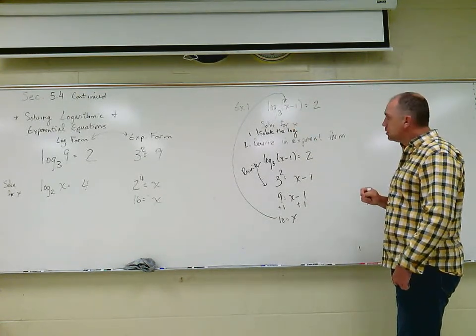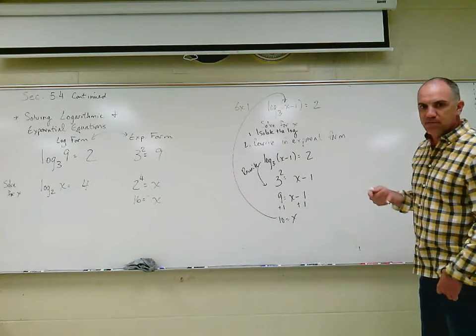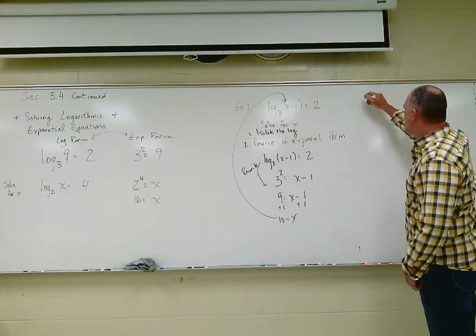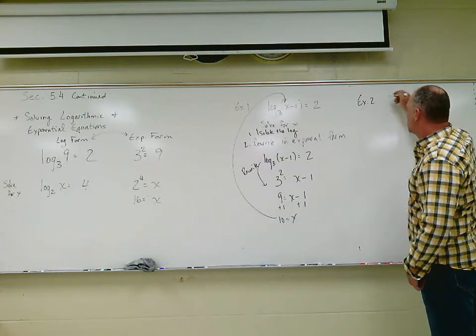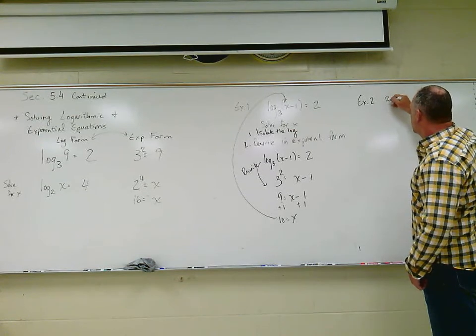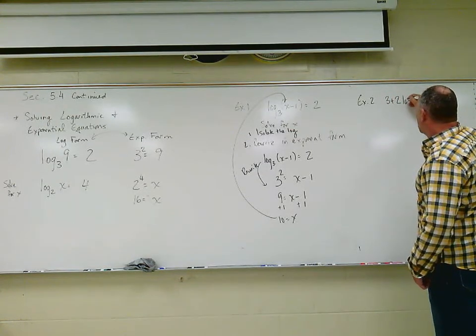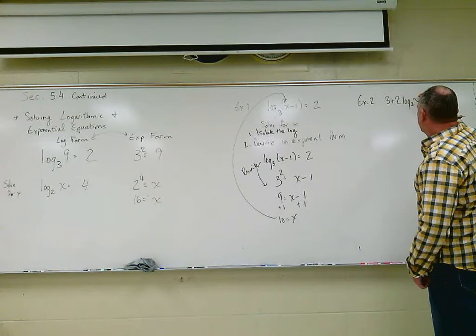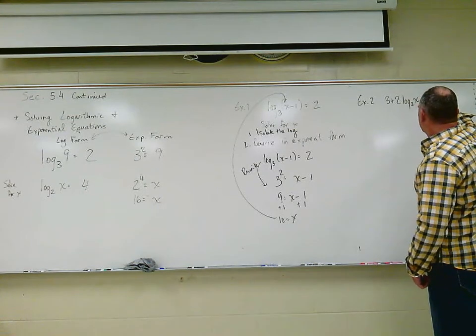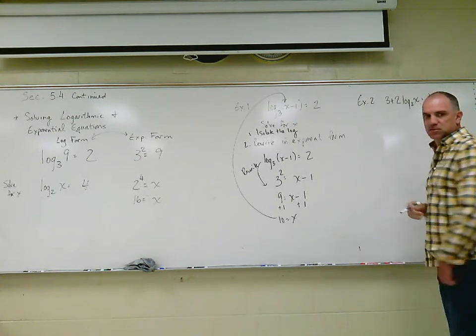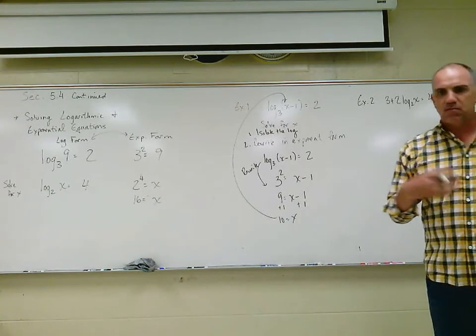Maybe you might have a little bit more in front of it. So on example 2, maybe you have 3 plus 2 times log base 2 of x equals 4. Let's say we have something like this. You have a little bit more.